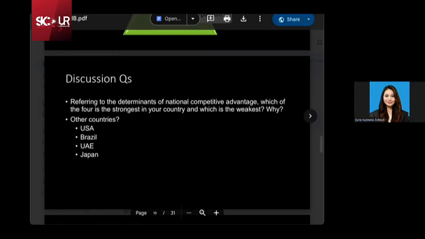In terms of Japan, the economy is very highly developed. They have advanced technology, and in terms of culture, they still preserve some of the cultural tradition and so on.